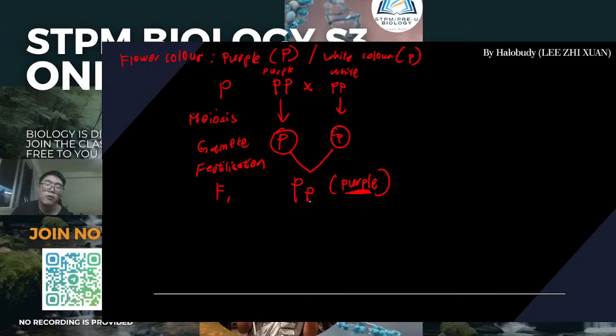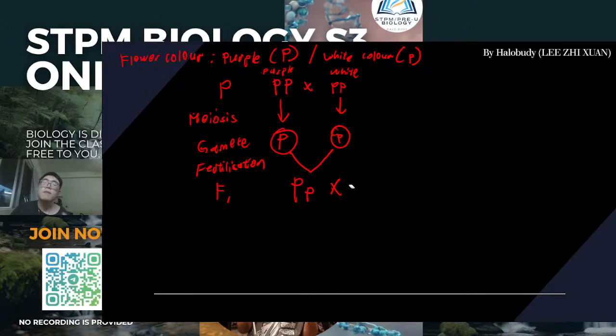Okay, so Mendel needed to know the inheritance pattern of this flower color. So what he did was interbreed it with another plant. It can be a self-cross, or it can be a test cross first.